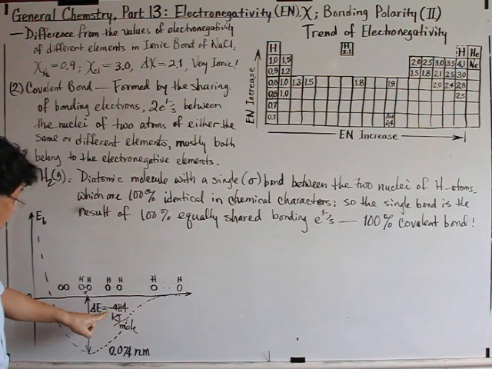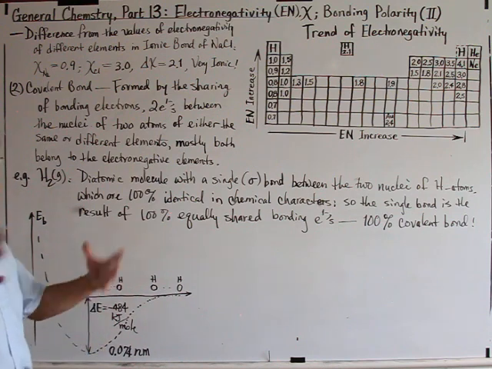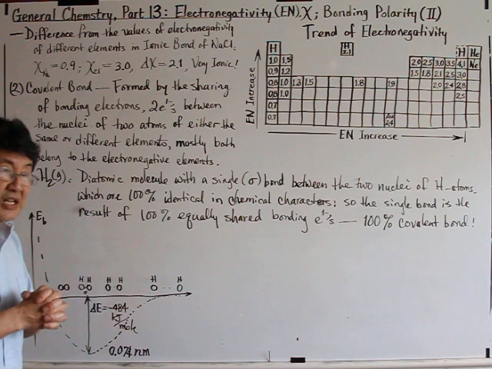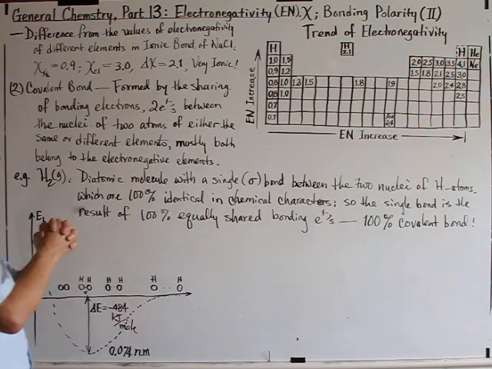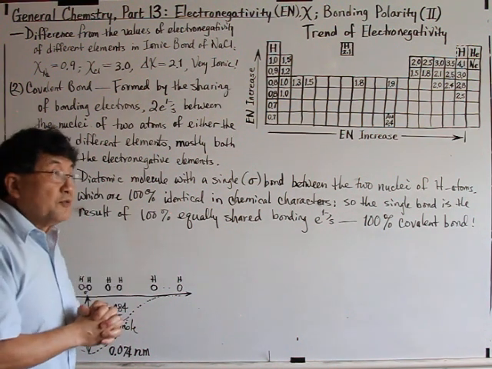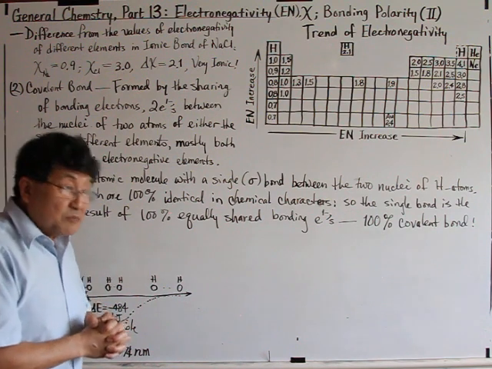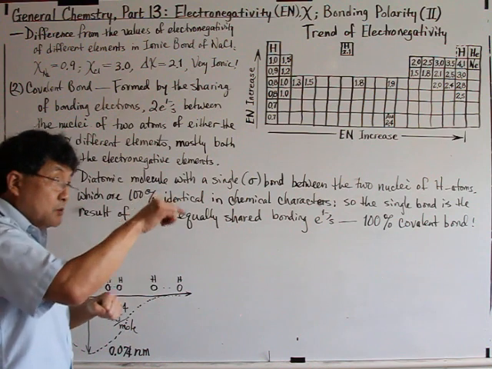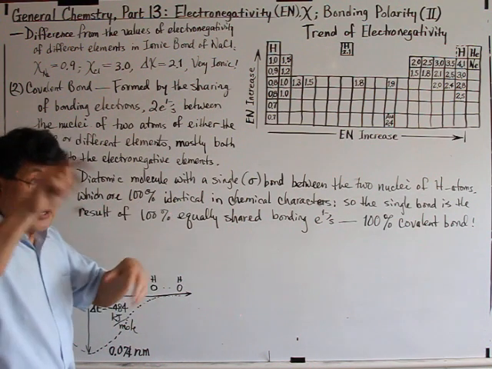So that is exothermic, with a negative sign, negative 484 kilojoules per mole. In other words, 1 mole of hydrogen gas comes from 2 moles of hydrogen atoms, right? H plus H equals H2.